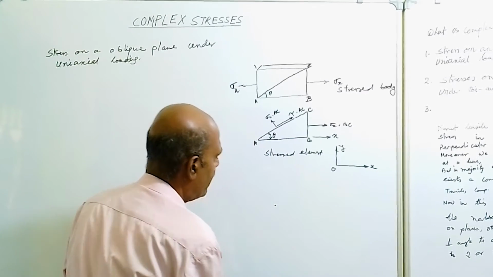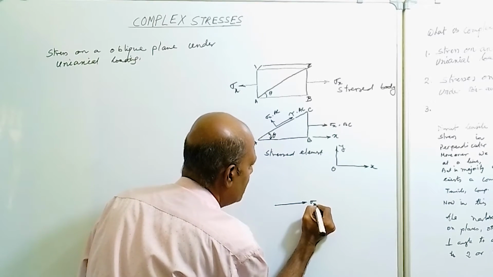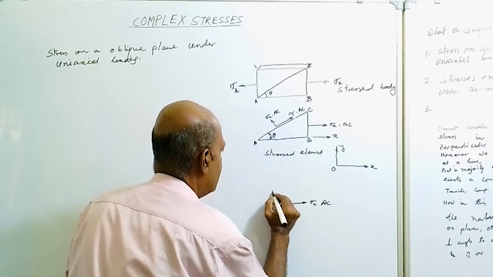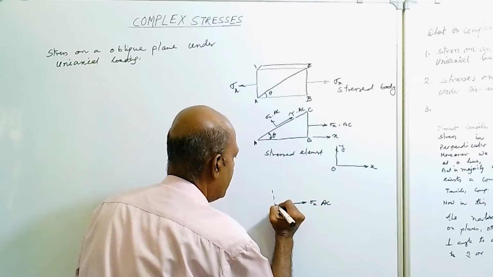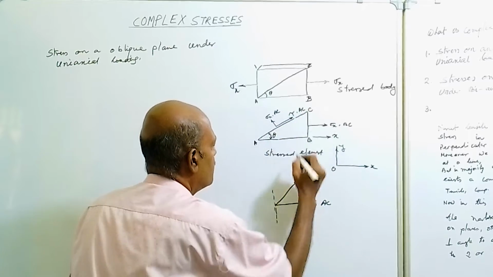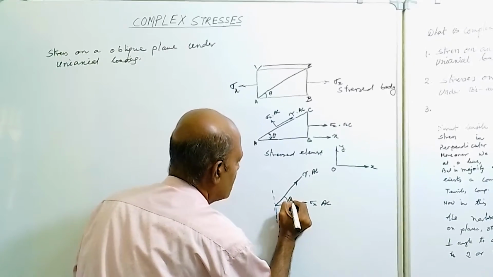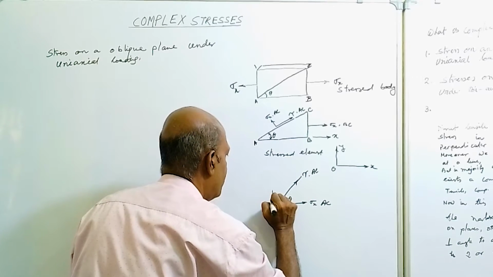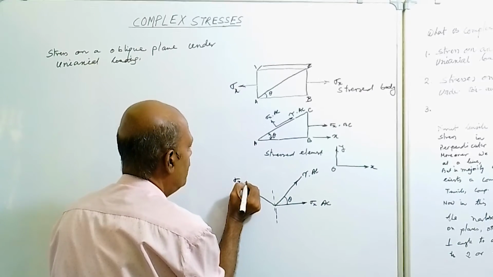So consider an initial point. From this point along the x direction, the force acting is sigma x into AC. Say this is the y direction, and with this direction making an angle theta, tau is acting, so this force tau into AC is acting, making angle theta with the x direction, and sigma n into AC is perpendicular to this direction.